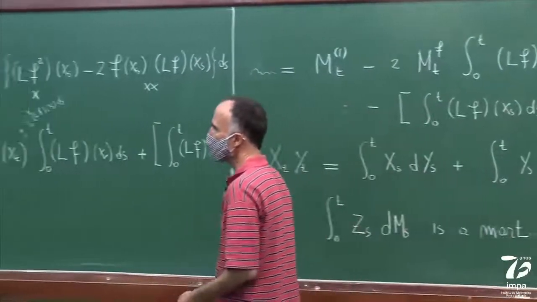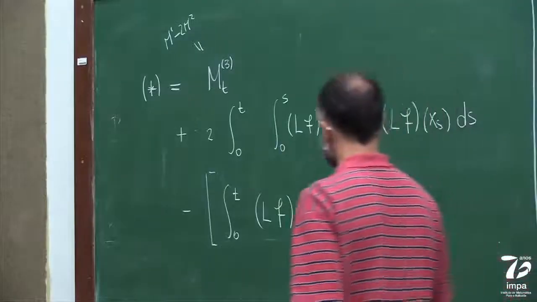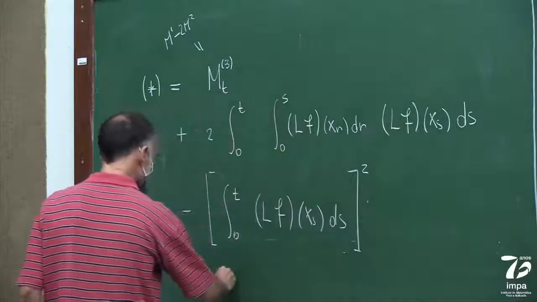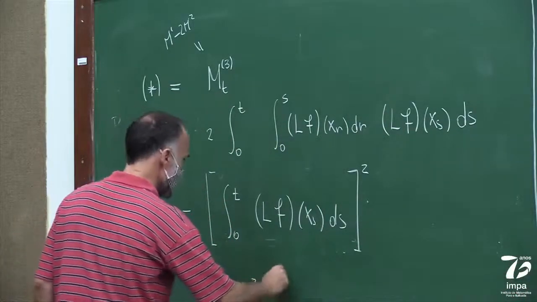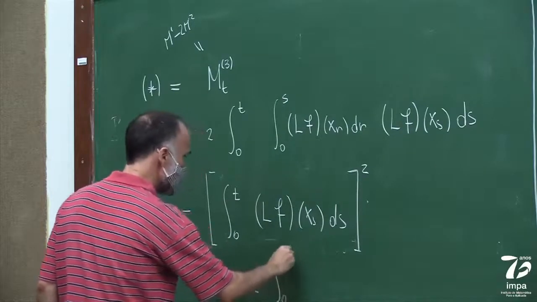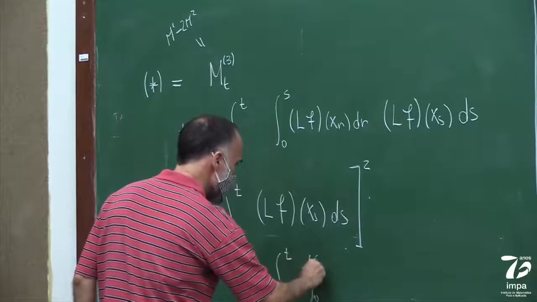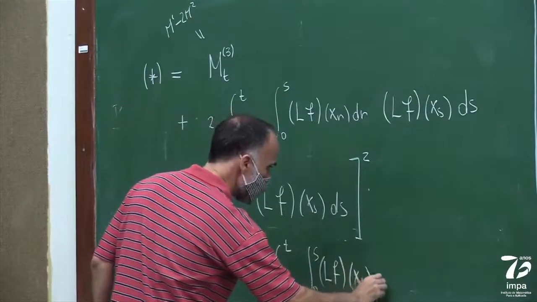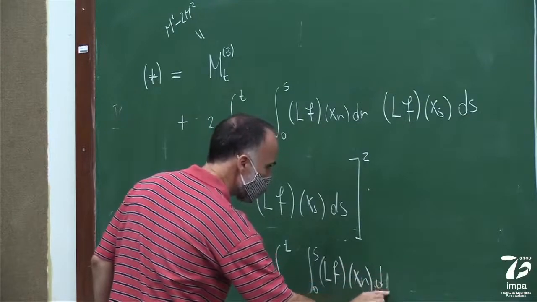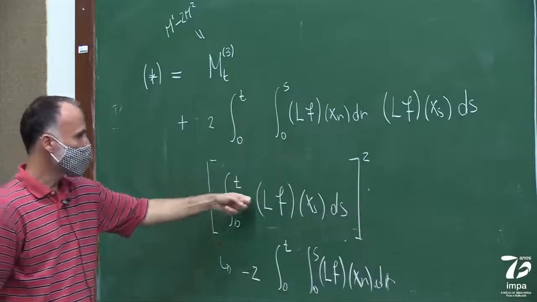So this is 2 times, minus 2 times the integral from 0 to t of one of them, which is the integral of Lf(X_r) dr. Now, d of this term, but when I take d, I get L.